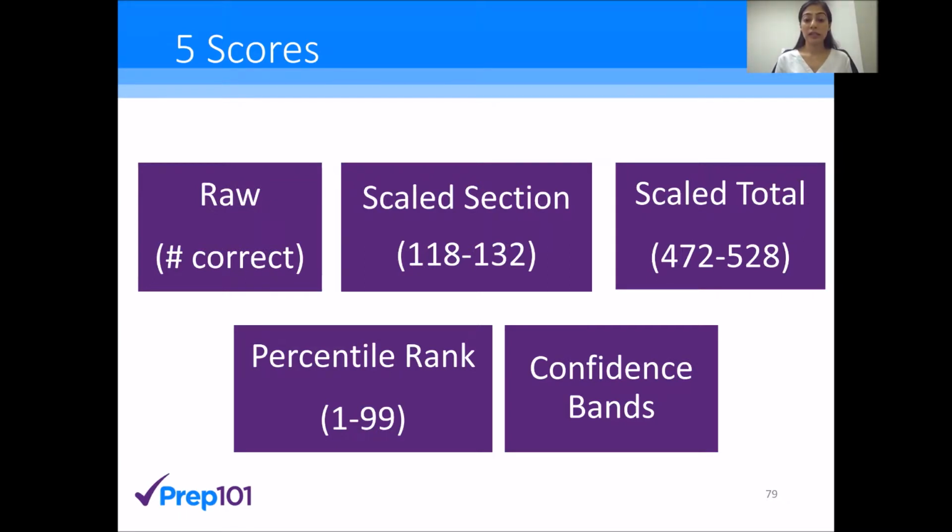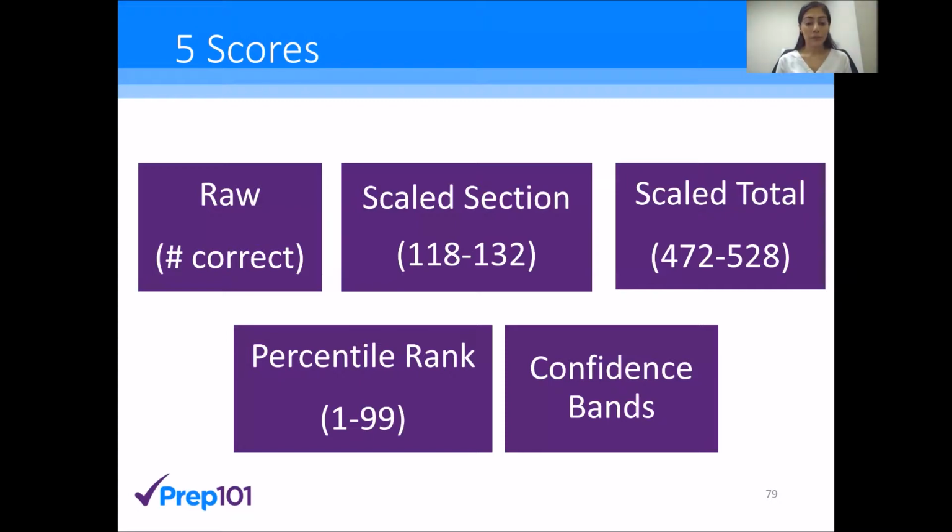Now, when these individual sectional scaled scores are summed, you get a total scaled score. So 118 times 4 gives you 472. 132 times 4 gives you 528. So that's how the total score is calculated. Basically, the summation of each of the individual 4 sectional scores.